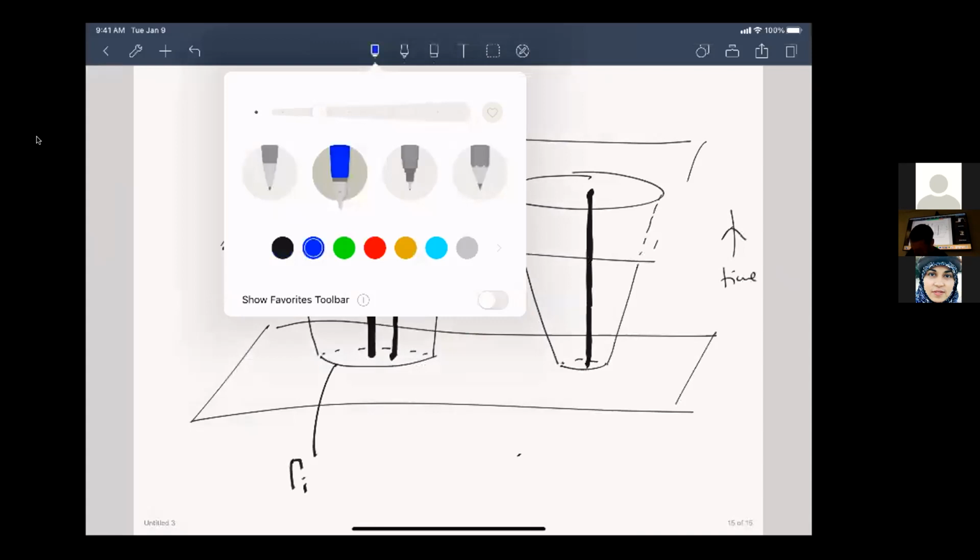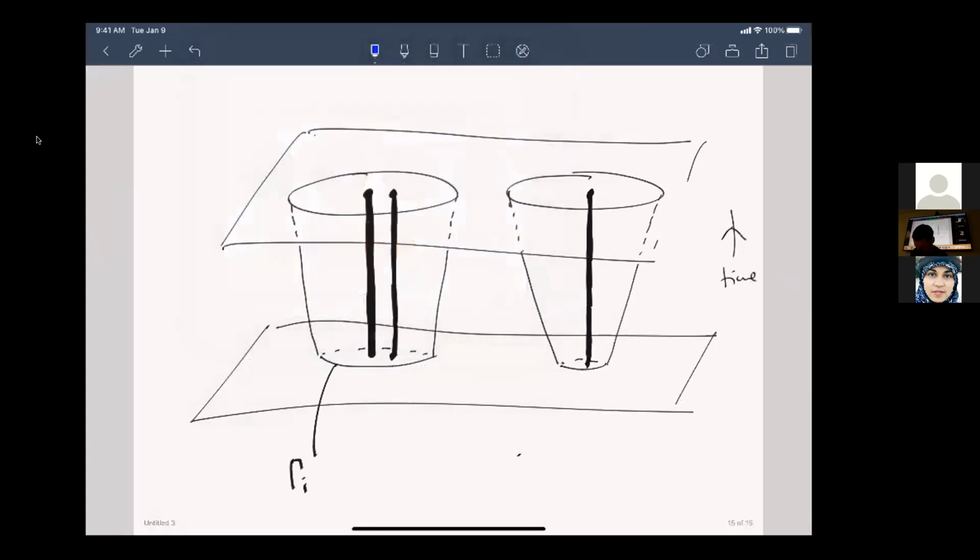So what color should I use for null geodesics? Let's use blue. Remember, this is an S2. I'm allowed to shine beams of light inside and out. Suppose I send a light beam in this region, okay? Good. Now, of course, as we heard from Alex earlier, we can have all these kinds of things happening.